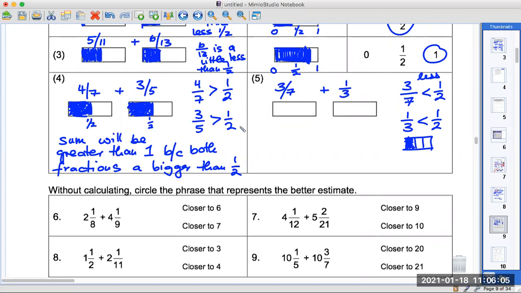So if you add them, I'm going to draw that. 3/7 is a little bit below 1/2, maybe this much. And 1/3 probably ends about right here.